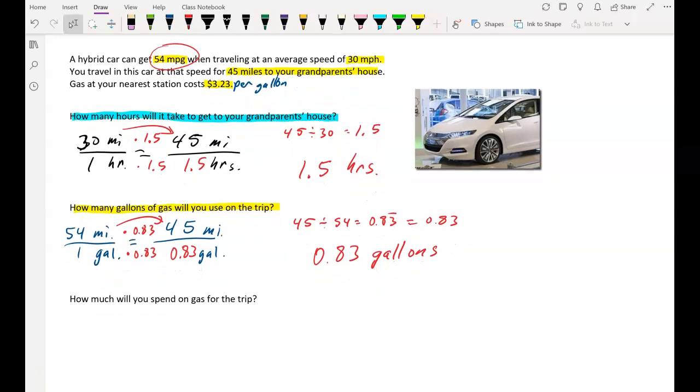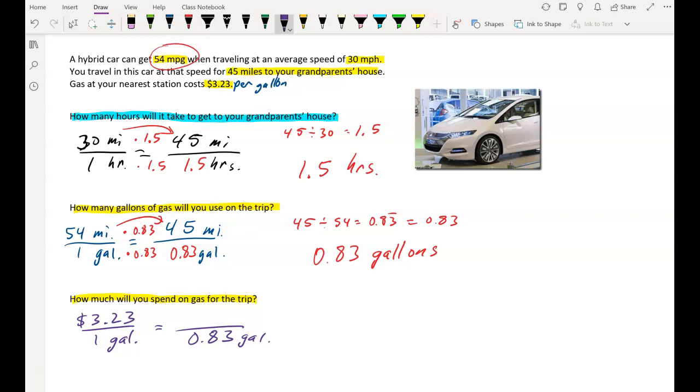And then how much are we going to spend on gas for the trip? Well, let's see. How much will we spend on gas? Well, we know the cost per unit of gas is $3.23, so it's $3.23 for 1 gallon. How much will that be for the amount of gas we are using, which is only 0.83 gallons?